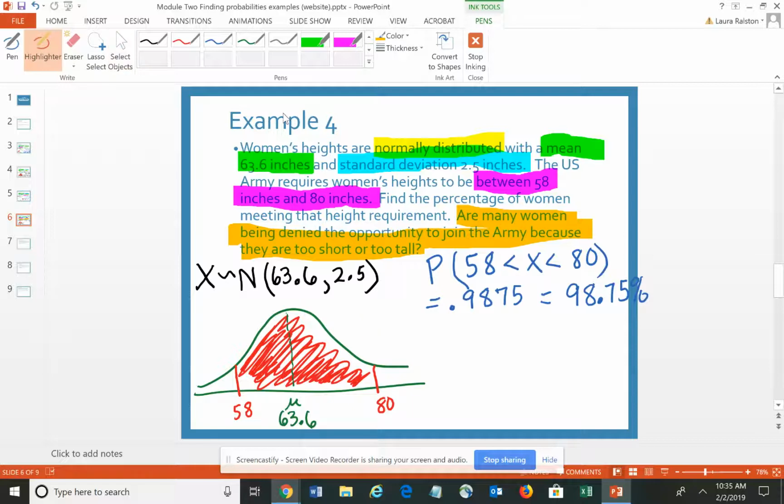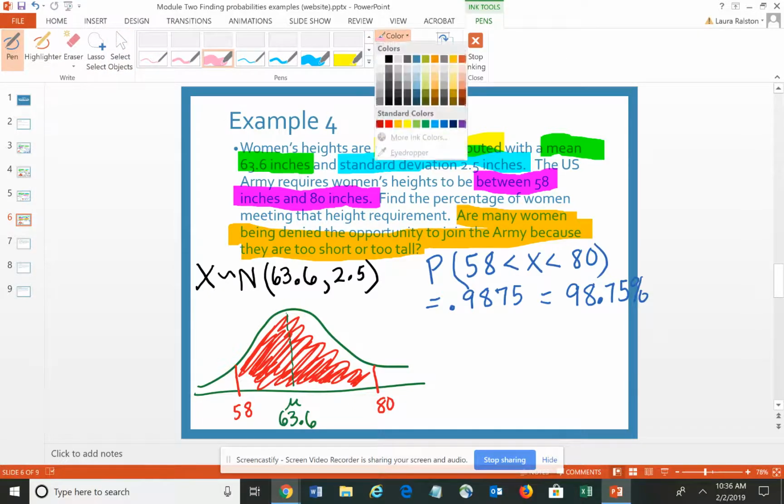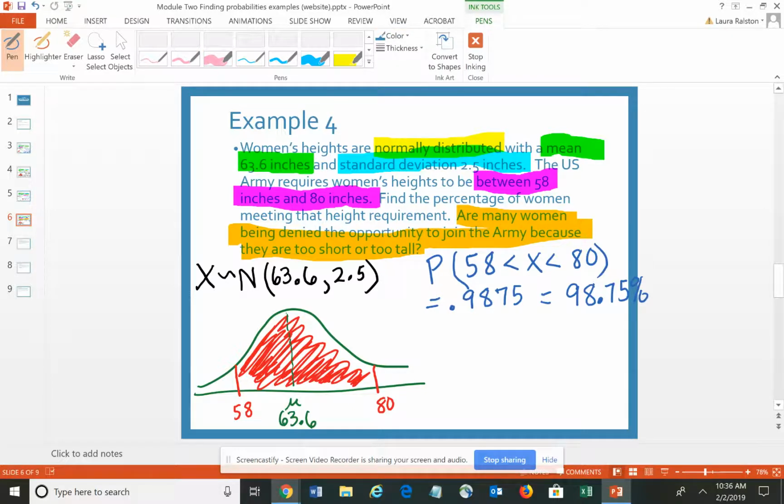Well, the Army will accept 98.75% of women. So if we think about what percentage of women would not qualify, we know that our total percentage is 100.